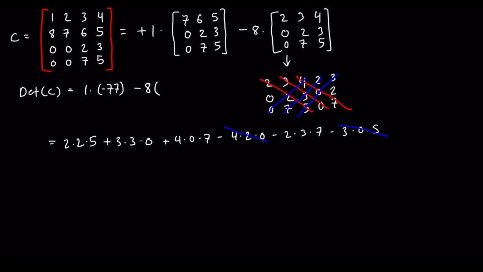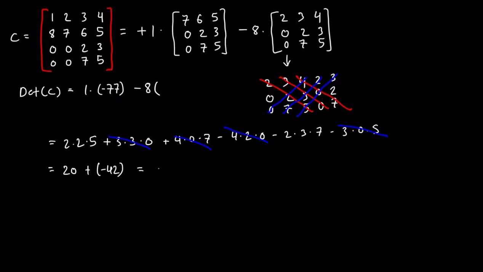These are being multiplied by 0, so we need to cancel them out. So now we have 2 times 2 is 4 times 5. That's going to be 20 plus, so negative 2 times 3 is negative 6 times 7 is negative 42. So we'll have negative 42.